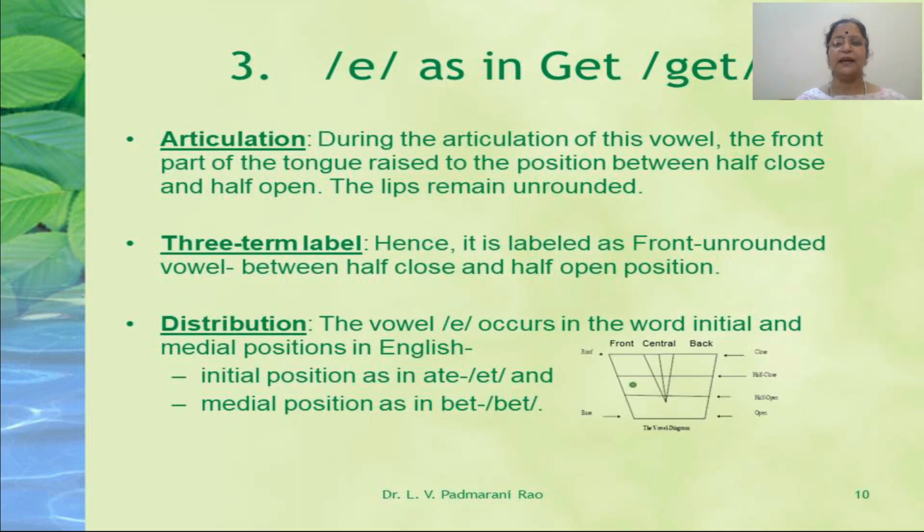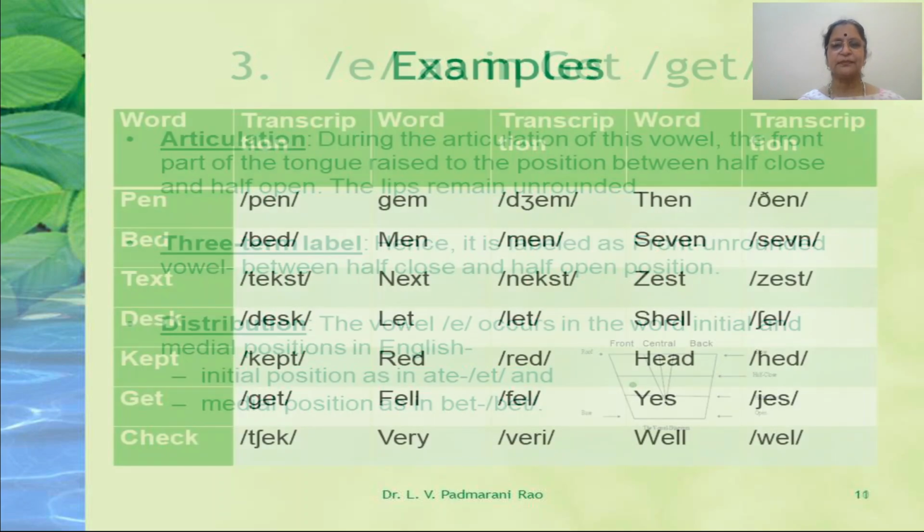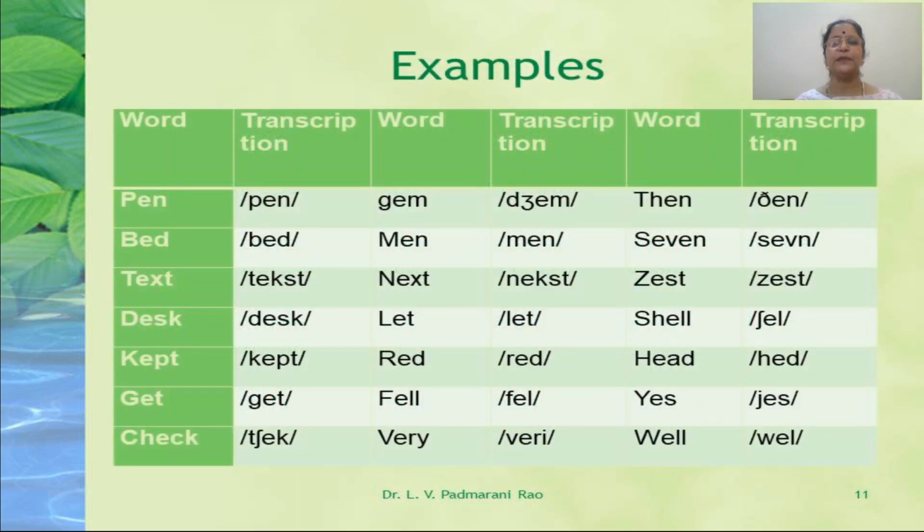The vowel e occurs in the word initial and medial positions only in English language, as in the examples ate, it, and BET, bet. The following are the examples for practicing the e sound.